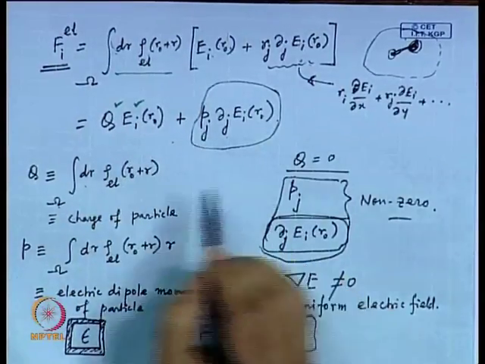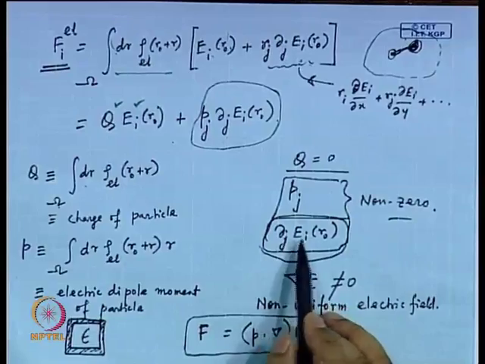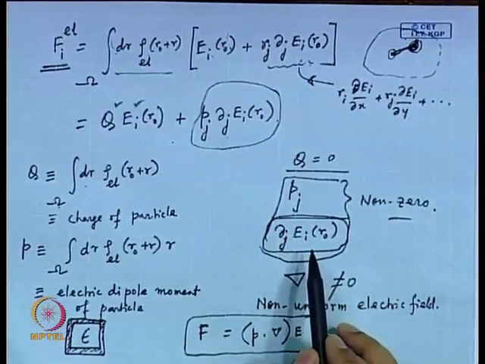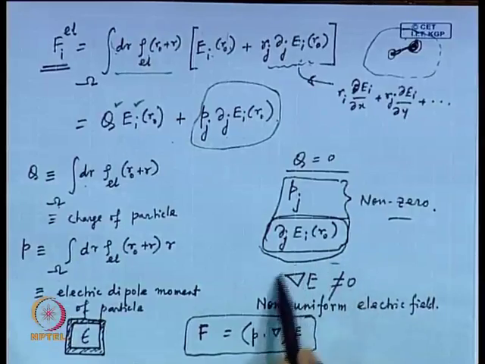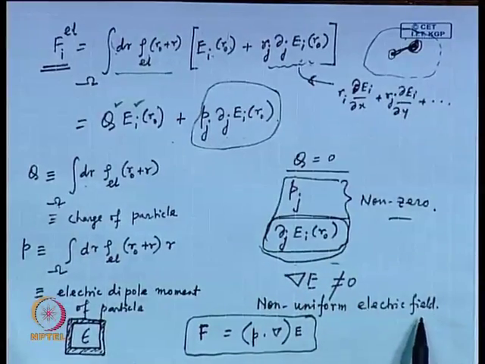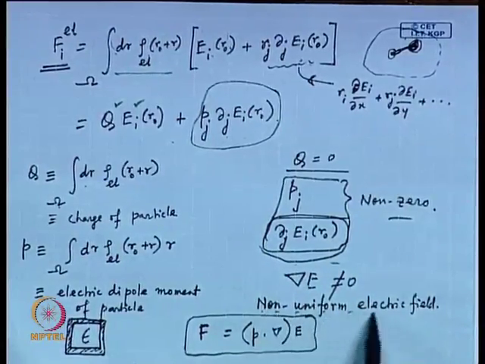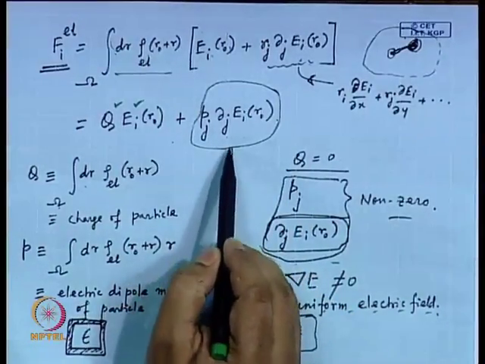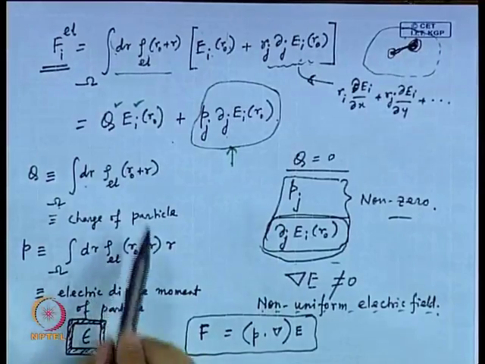However, the derivative of E, that means del of E, is non-zero. That means the electric field is non-uniform. Because of this non-uniform electric field and because of this non-zero P j, this term features. So we have a force.